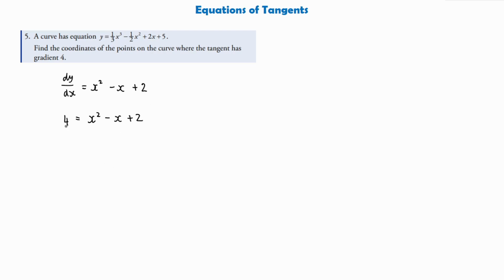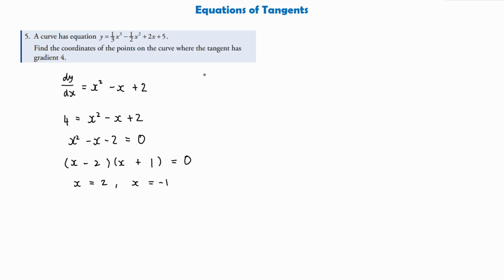So let's just rearrange to say that x squared minus x, take away 4 from both sides, subtract 2 is equal to 0, and we'll just solve to find x. So we're going to get x here, and it looks like we're going to have minus 2 plus 1. So we know that x is either going to be equal to 2 or x is going to be equal to minus 1.